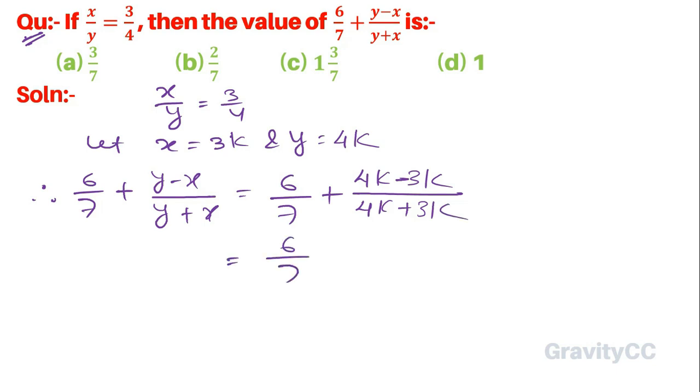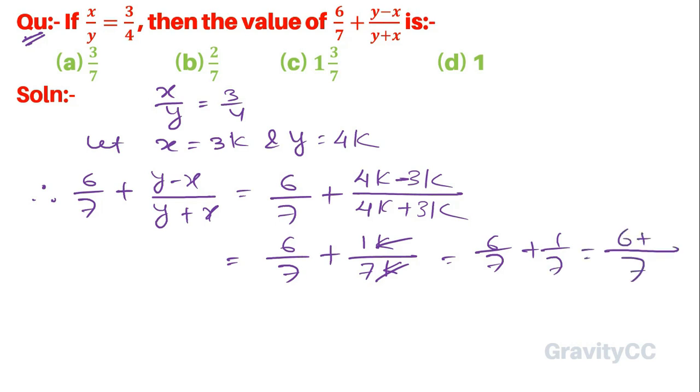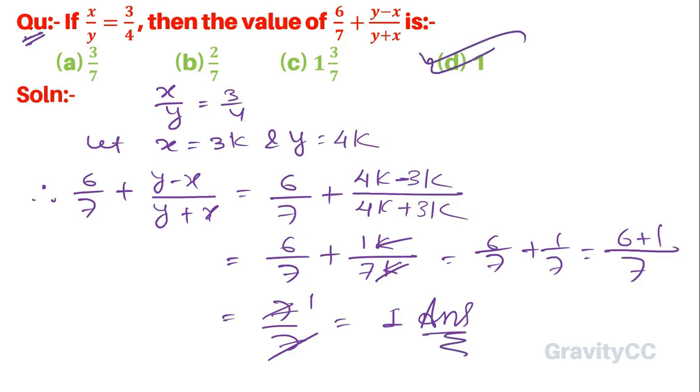So is equal to 6 upon 7 plus 1k upon 7k. So k cancel. So 6 upon 7 plus 1 upon 7. Its LCM is 7. 6 plus 1. So 7 upon 7 cancel by 1. So 1 is the required answer. So option D is the correct answer.